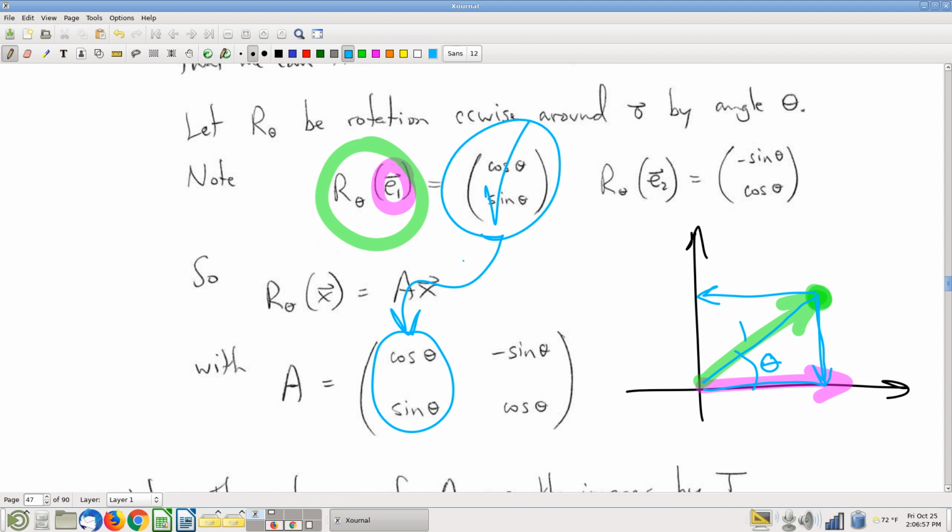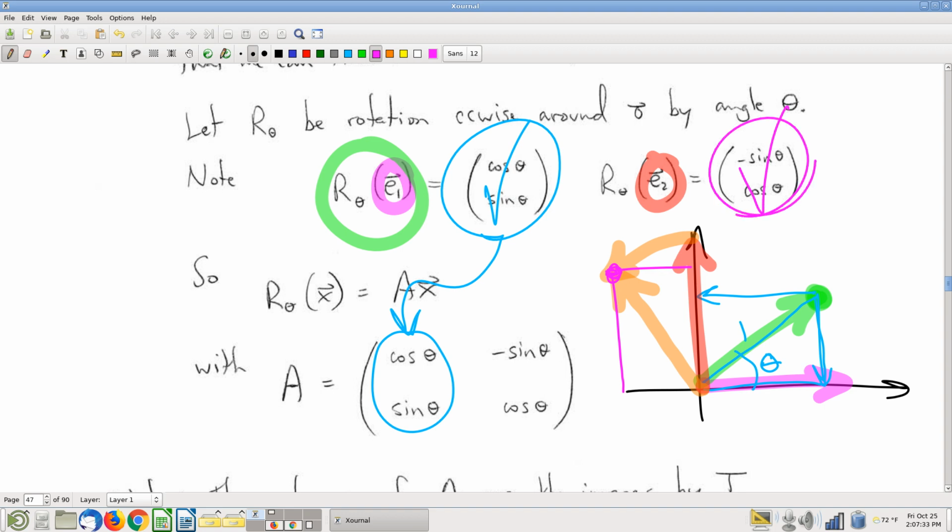Likewise, for the second standard basis vector, our second standard basis vector is there, and you can rotate it to get that vector there, and then you can do a little bit of trig and figure out its coordinates, and that becomes your second column. And this is the magic matrix that does it.